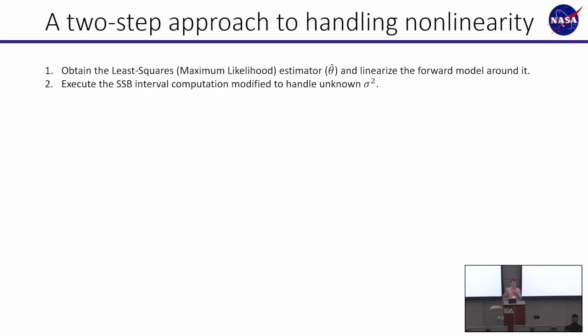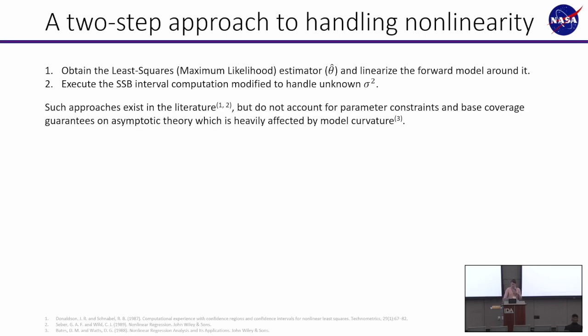And then we're going to execute our SSB, our simultaneous strict bounds interval computation, modified, of course, to handle an unknown variance. And if you're familiar with the nonlinear regression literature, mostly from the 90s, again, we have some small references there. You'll know that this is actually a somewhat standard thing to do.